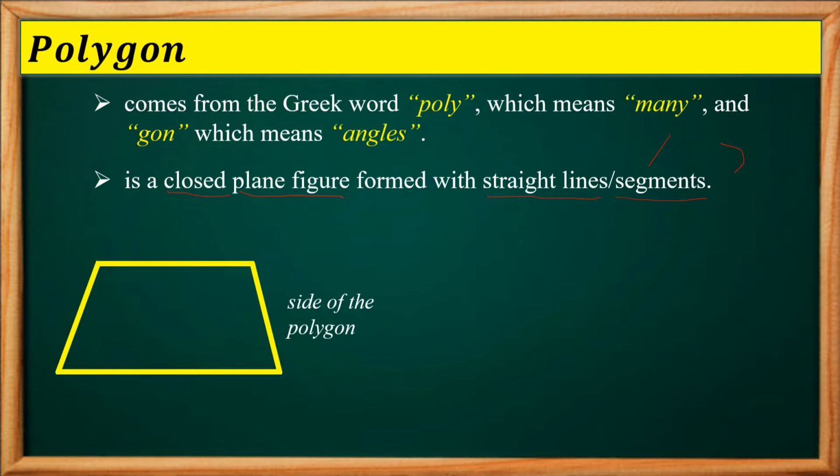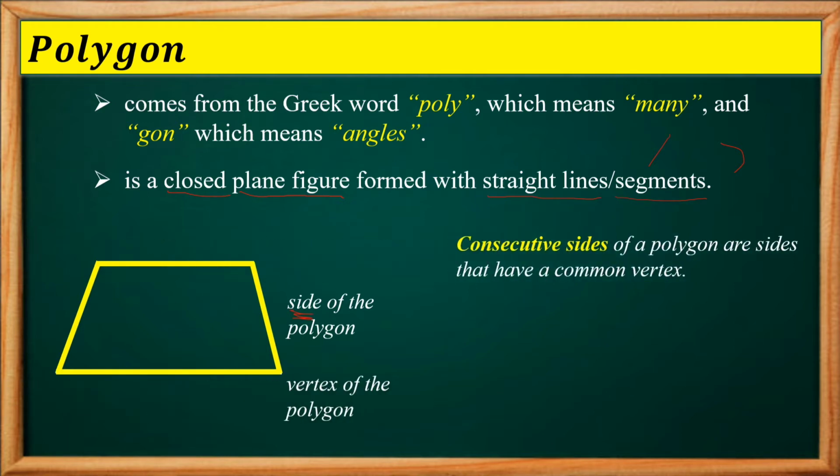Now, on this part, this would be the vertex of the polygon. This is the vertex, and this is the vertex, and this is the vertex. This is what we call the vertex of the polygon.